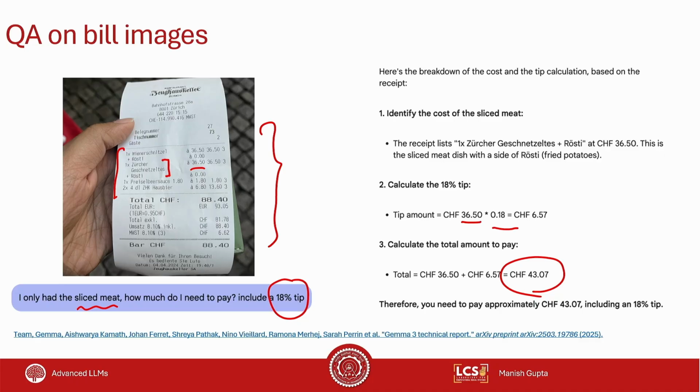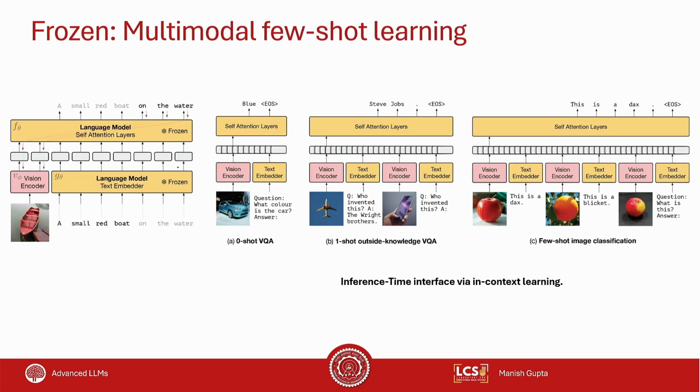Not just visual understanding, but being able to translate, being able to relate what contains what, being able to take the amount 36.5, do mathematical reasoning on top, adding the tip and coming up with the final answer. So all of those are interesting capabilities.